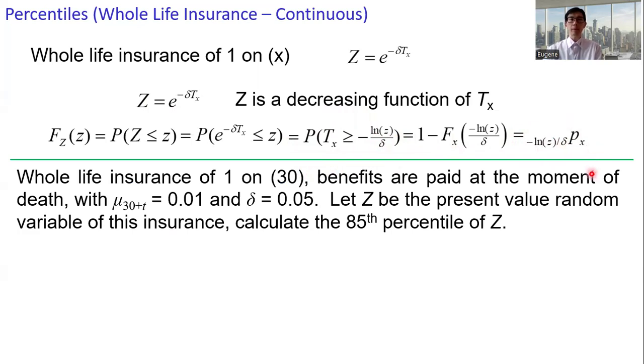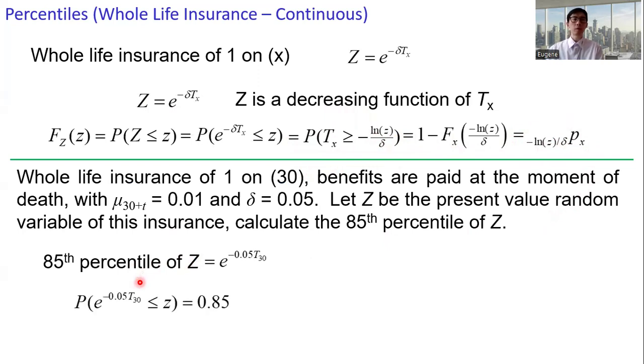We work with this example. The 85th percentile of Z, we have this probability statement equal to 0.85.